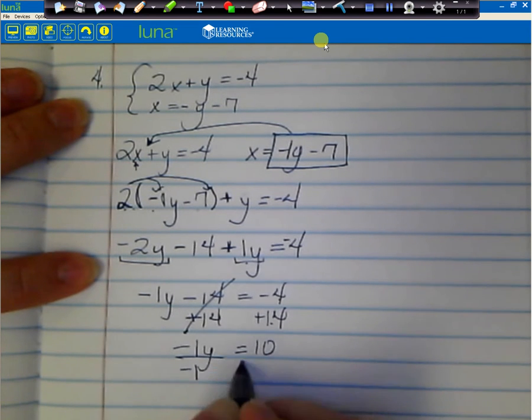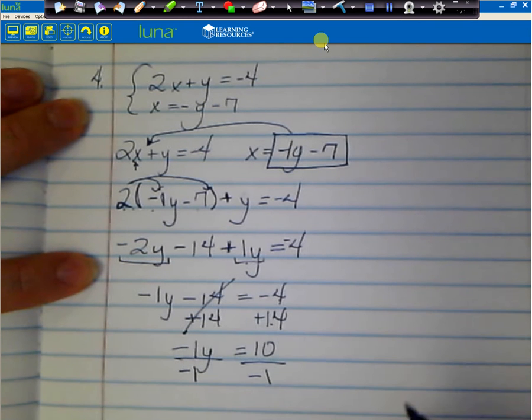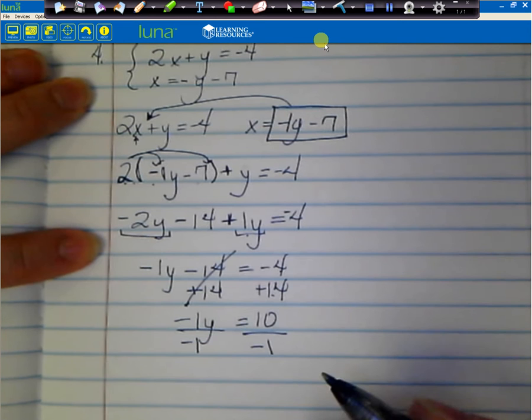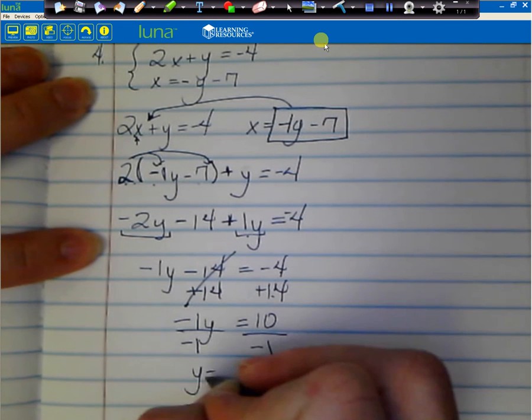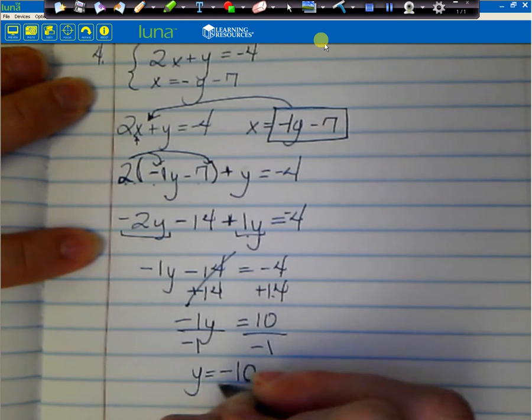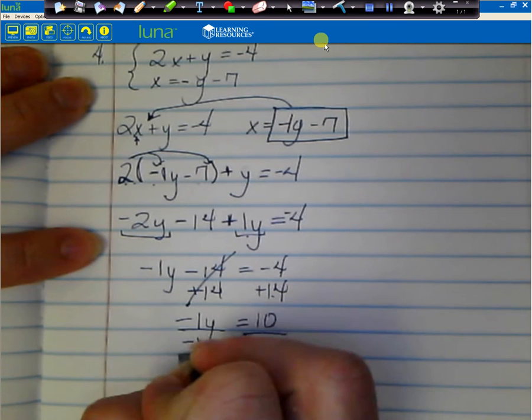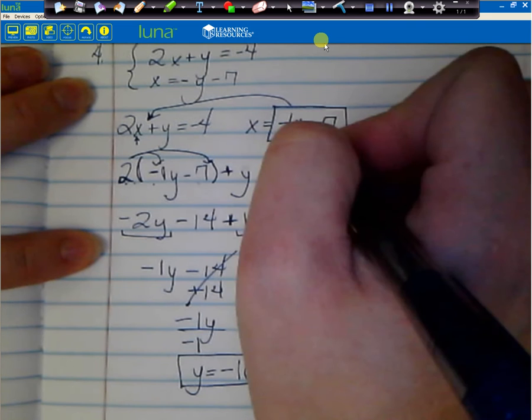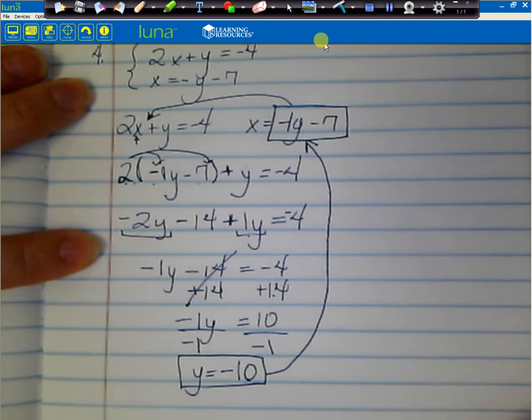I have to get my y by itself. It still has a negative 1 with it, so I have to divide both sides by negative 1. That's going to give me y equals negative 10. So y equals negative 10 is what I'm going to bring up and plug into this equation to find out what x equals.